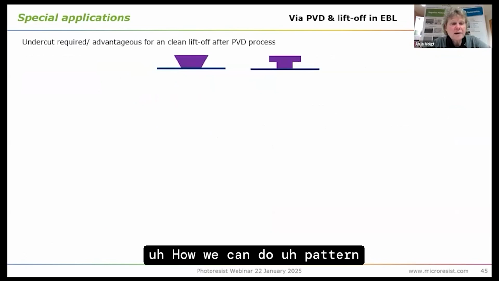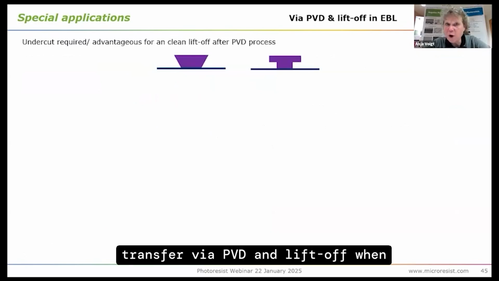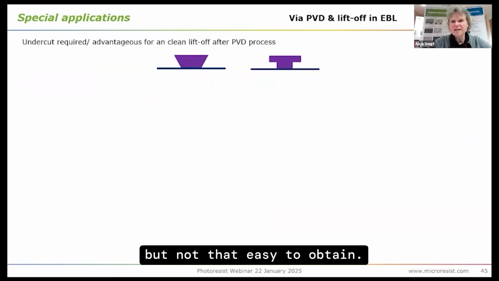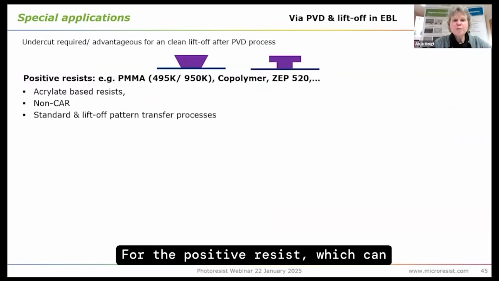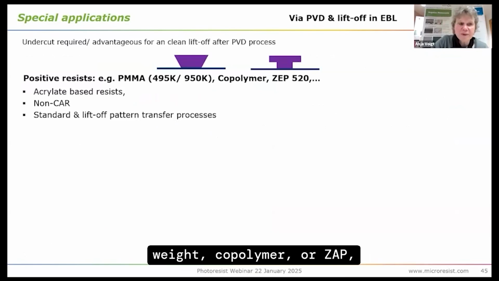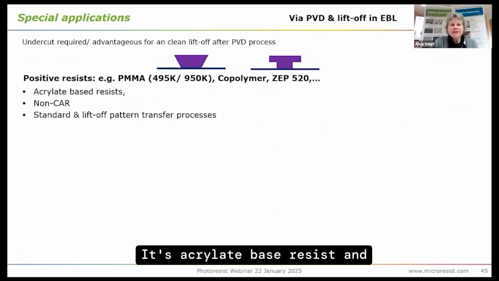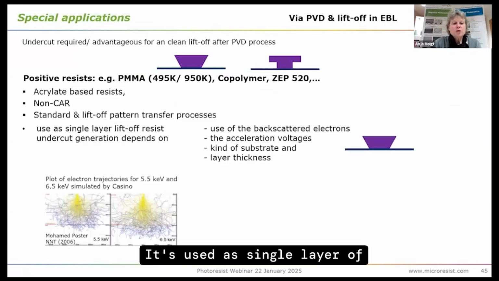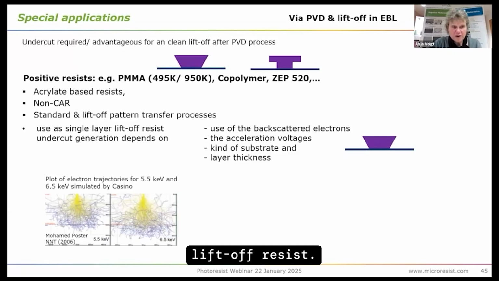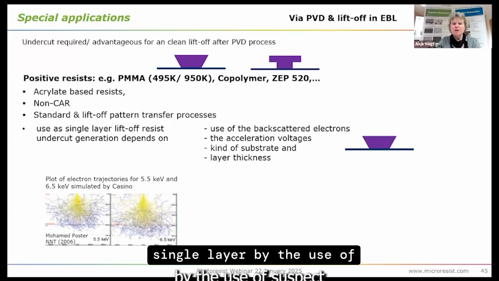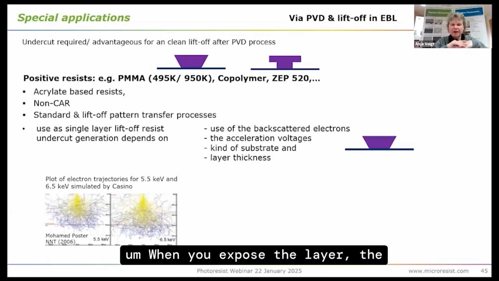How we can do pattern transfer via PVD and lift-off when E-beam is used. In some cases, the undercut pattern profile is an advantage, but it is not that easy to obtain. For the positive resist, which can be PMMA having different molecular weights, a copolymer, or ZEP, an acrylate-based, non-chemically amplified resist, it's used as a single layer lift-off resist, and the undercut is generated in a single layer by the use of backscattered electrons.